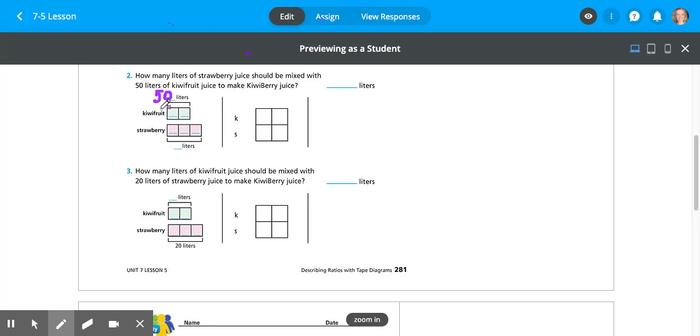So 50 divided by 2 is 25. So now we know that each of these sections is 25. These sections are the same size, so we know all 3 of these are going to be 25. So 25 plus 25 plus 25, or 25 times 3, we know is 75.